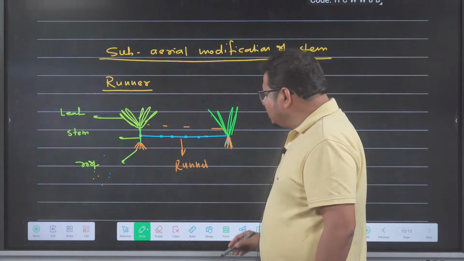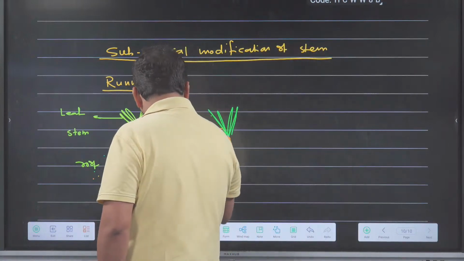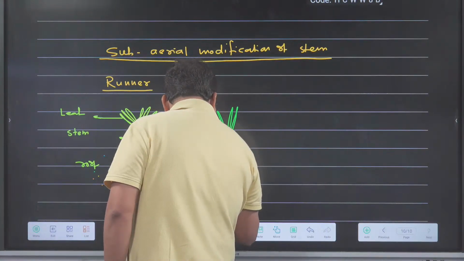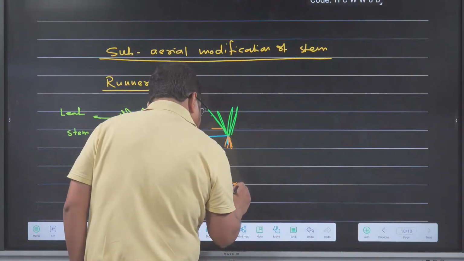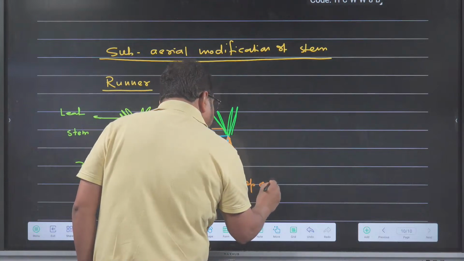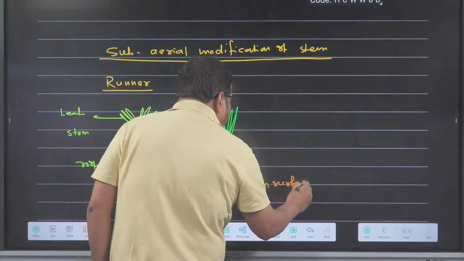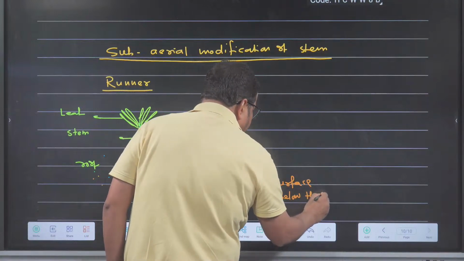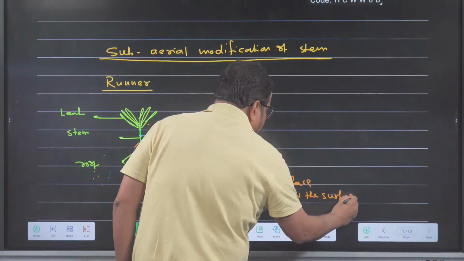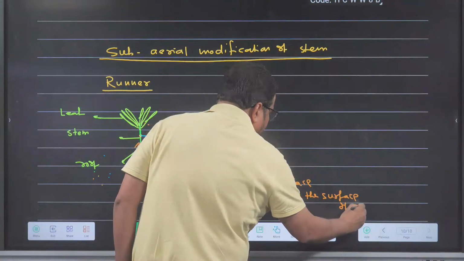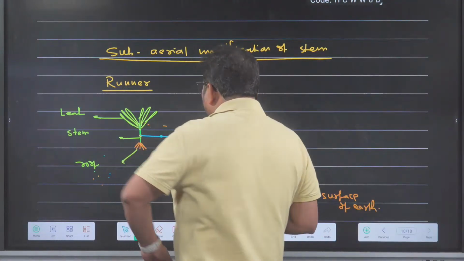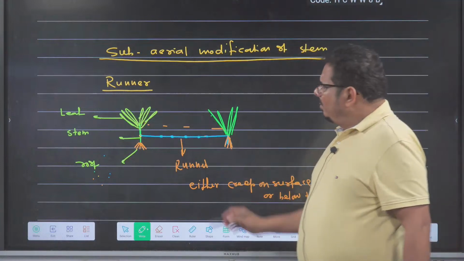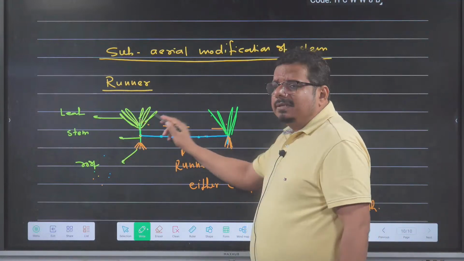So this runner either creeps on the surface or below the surface of earth. If you go to any garden and see the garden grass, you will find the grasses growing like this.